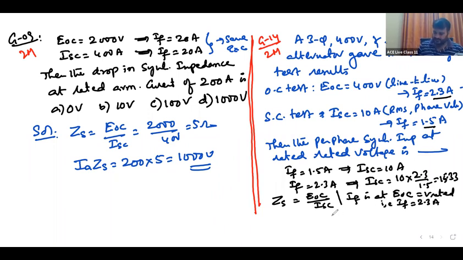Therefore, ZS per phase, since line voltage is given, 400 means line, is 400 divided by root 3 divided by 15.33, which is equal to 15.06 ohms.